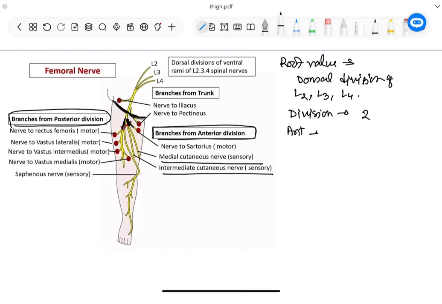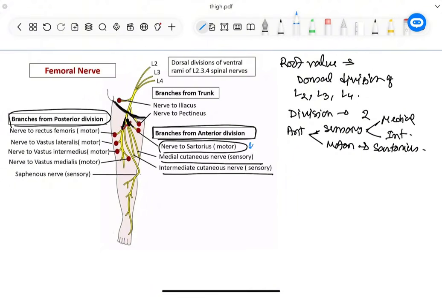It has 2 types of supply, sensory and motor. Sensory is again the medial and intermediate cutaneous nerve of the thigh, and motor is only for one muscle, the name of which is Sartorius. So, Sartorius is the only muscle supplied by the anterior division of the femoral nerve.